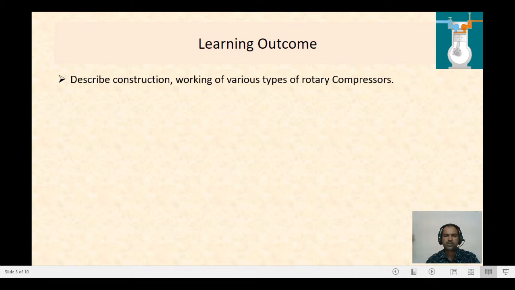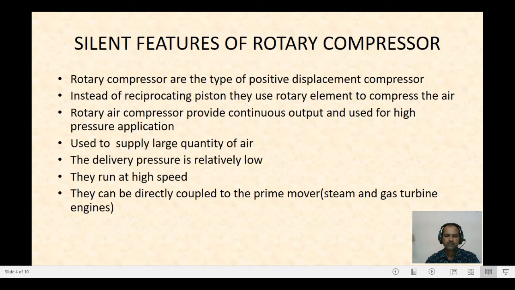In today's class, we are going to discuss the other type of compressor, which is called the rotary compressor. As we discussed and classified in the first session, rotary compressors are positive displacement compressors, and here we use a rotary element to compress the air from low pressure to high pressure.